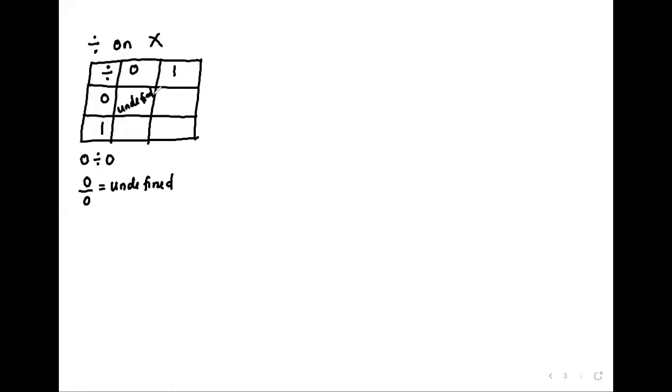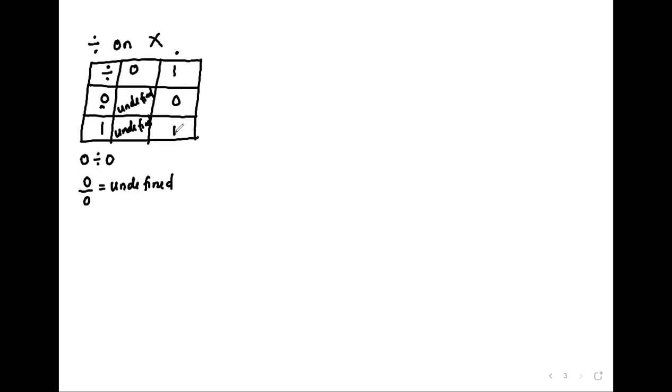The same thing: if I say 0 over 1, then I'll get 0. 1 over 0, again, undefined. But 1 over 1 is 1.